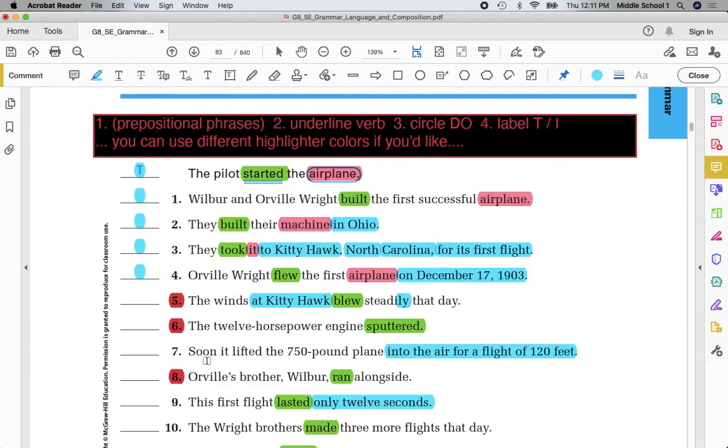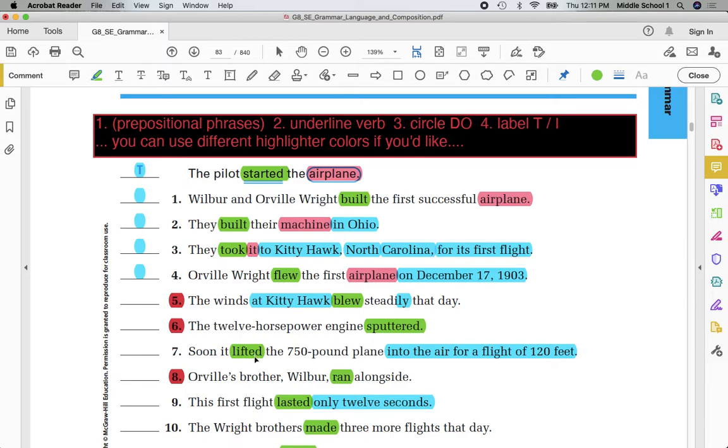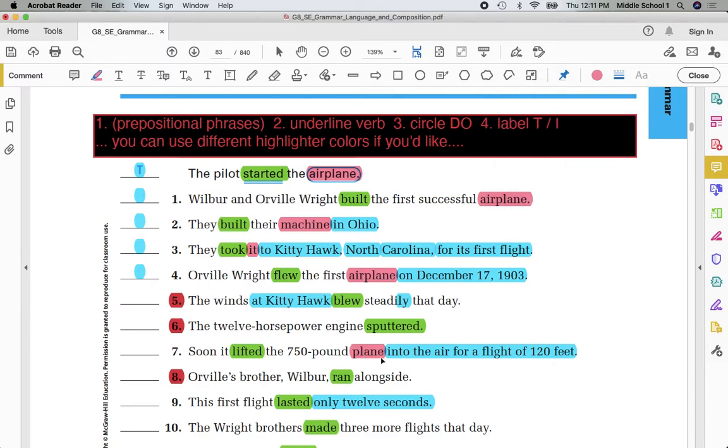Number 7, soon it lifted the 750-pound plane into the air for a flight of 120 feet. These are prepositional phrases. In this sentence, ask yourself, what is the verb? What did it do? Lifted. What did it lift? It lifted the plane.